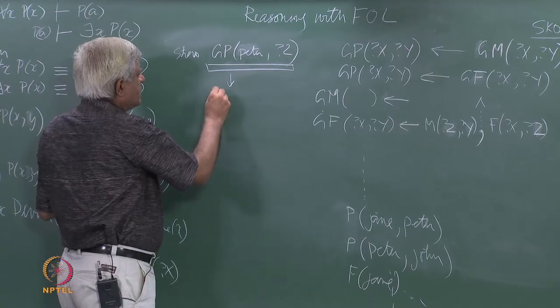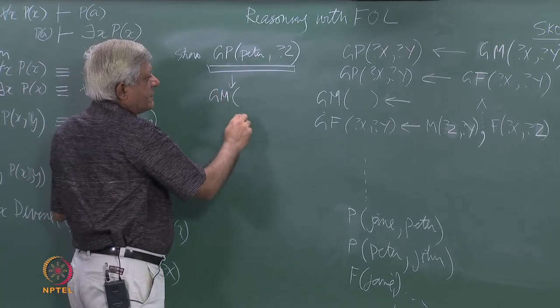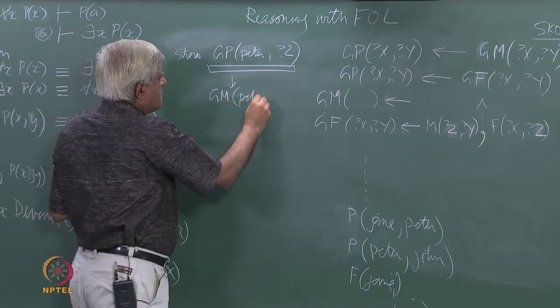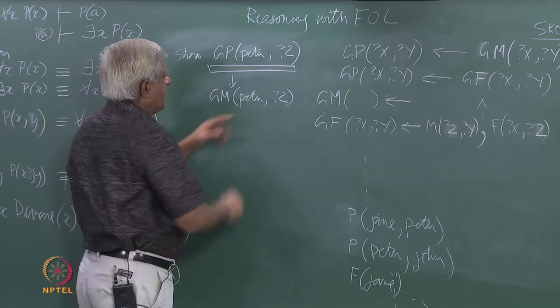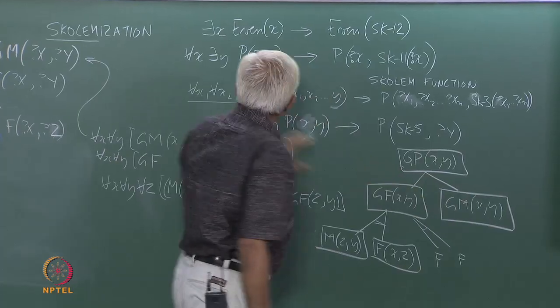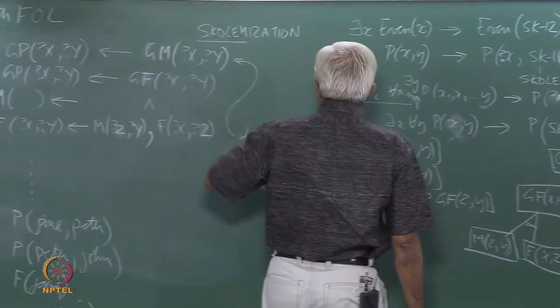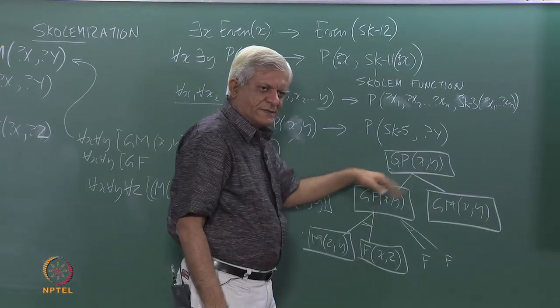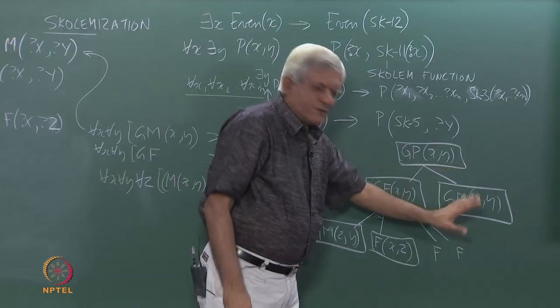This will get translated to GM grandmother Peter Z, which in turn will, so essentially you are going down. Okay. Because I have written this grandmother rule first, it is like having this rule on this side. So, it is going down that path essentially.